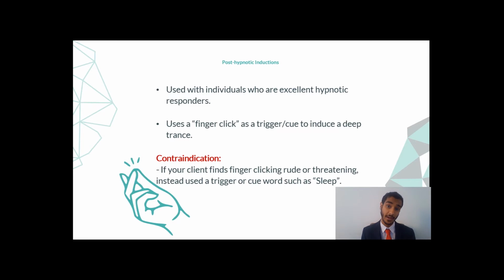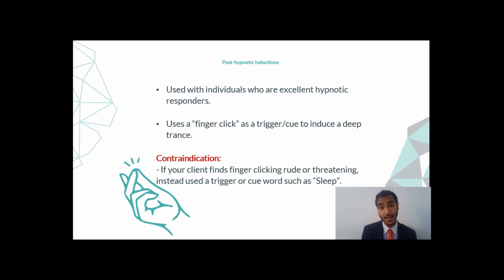So if in fact during your first session you do notice that your client is going easily and deeply into trance and you've already gained informed consent, you can easily install the post-hypnotic induction then and there. Or you can wait till the end of the session and do it then.